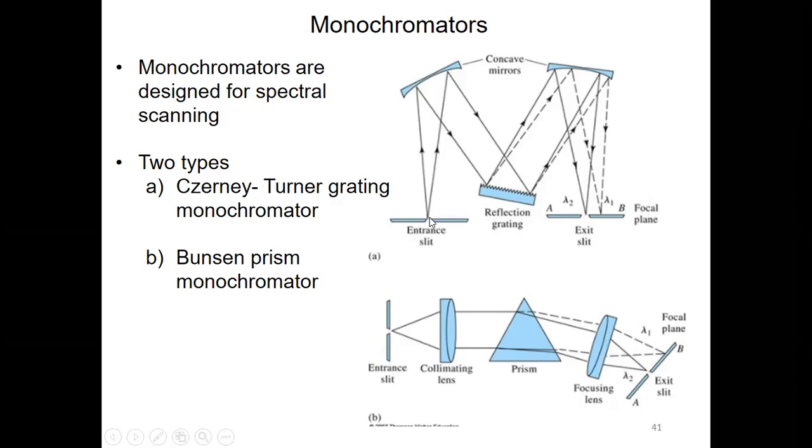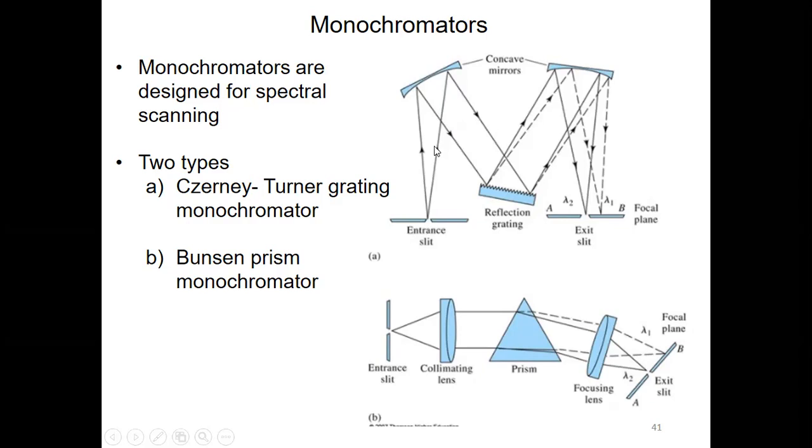When light enters, it will pass and go to a concave mirror, and this light will focus on the concave mirror. Then from this mirror, the incoming radiation will be converted into a parallel beam. Now you see the beam is parallel.